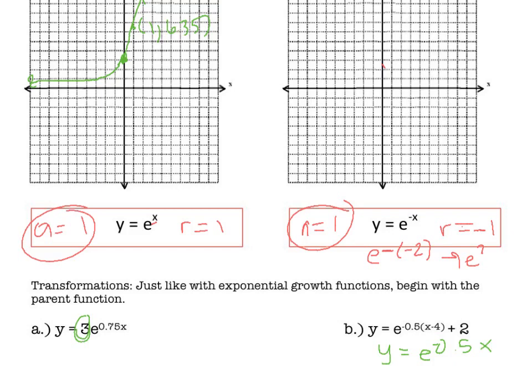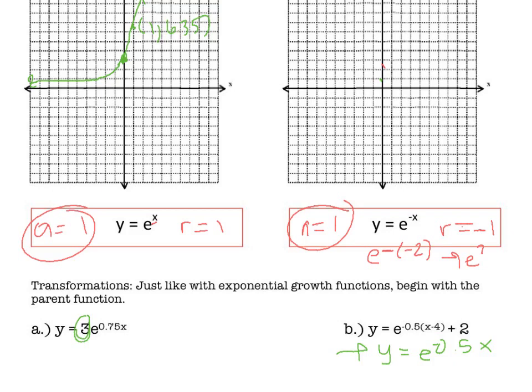So we're going to now do the transformation of this function here. And so we want to start out by just plotting or graphing the function e to the negative 0.5 x power. So with this one, we're still going to have a y-intercept of 0, 1. This is a decay function, though. To really see how it's going to move, I want to pick a negative starting value for x.